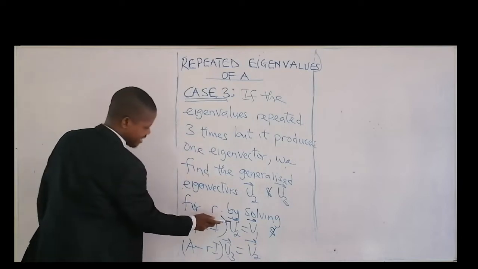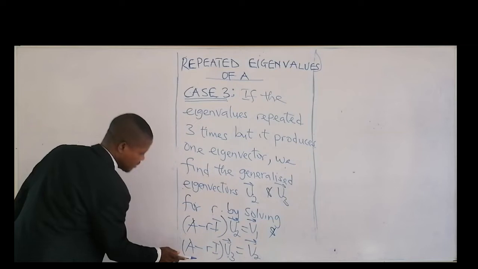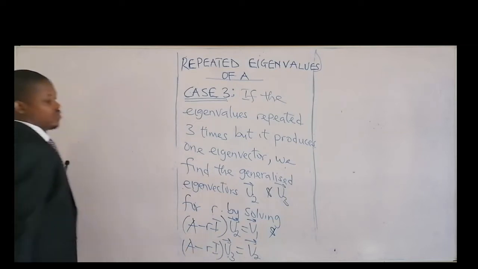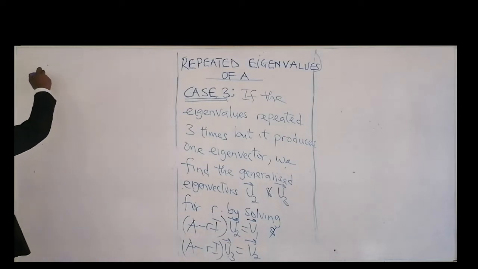So when we solve this one, we get the second eigenvector. When we solve this one, we get the third eigenvector. Therefore, we need to get the solution.